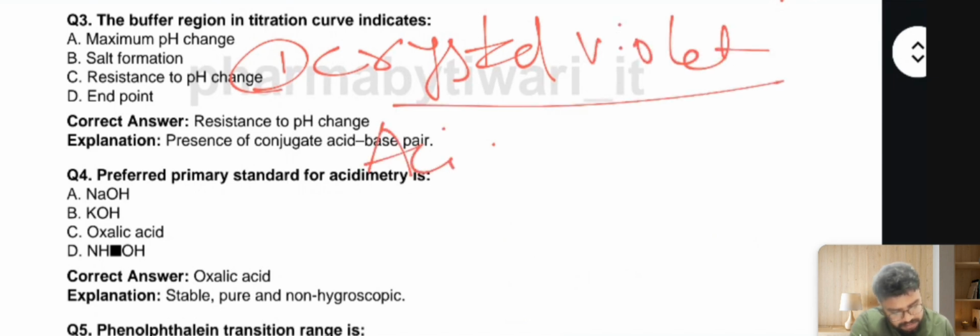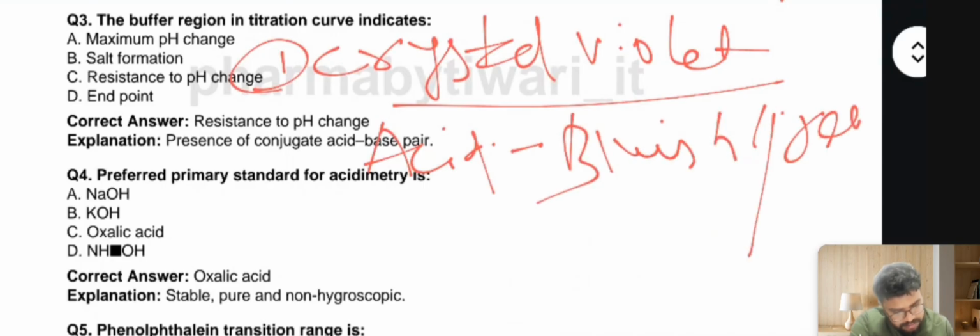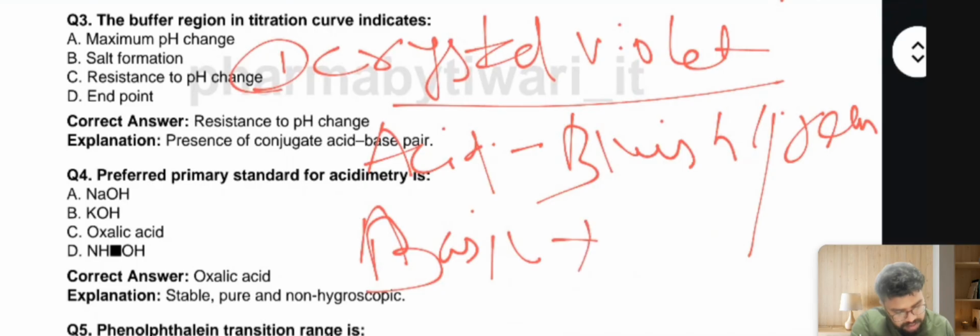In acidic medium it is bluish green, then in basic medium, the alkaline solution, it forms a violet color.